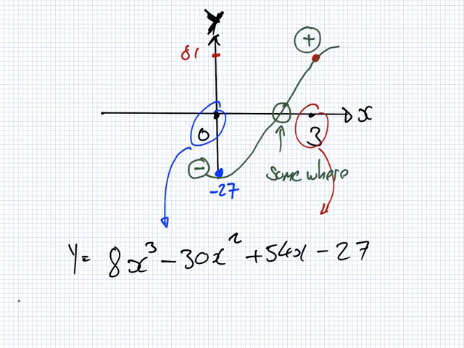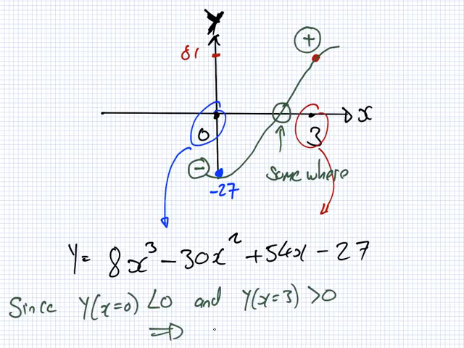So you could say, since y when x equals 0 is negative and y when x equals 3 is positive, that must mean there's a root somewhere between 0 and 3. What was the answer of y when we put 3? 81.